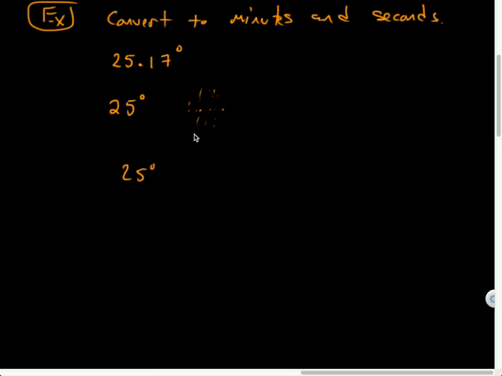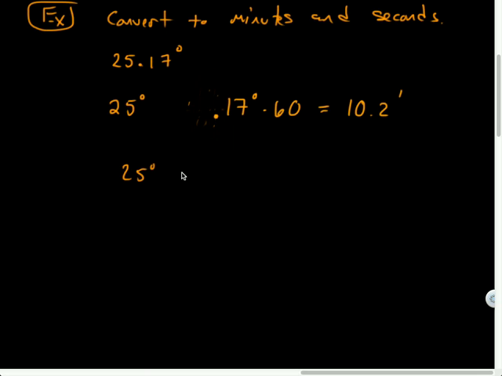I'm going to keep doing this problem if the bell rings. So 0.17 degrees times 60 will give us 10.2 minutes.